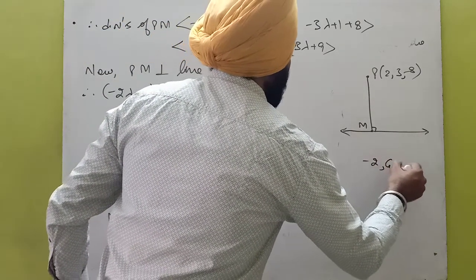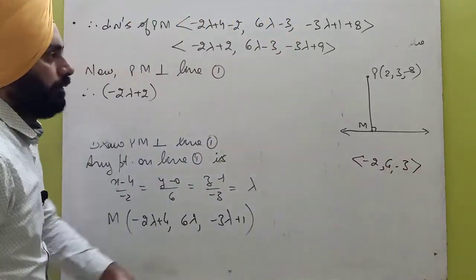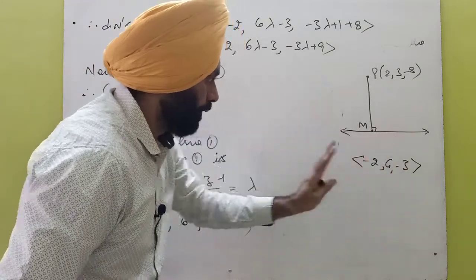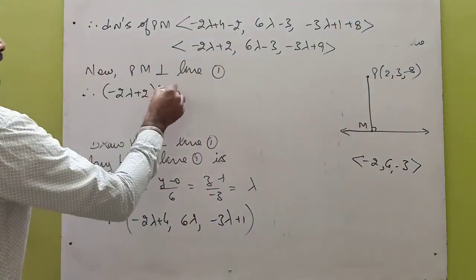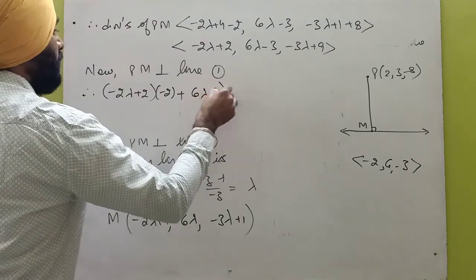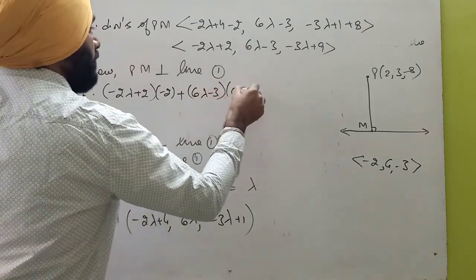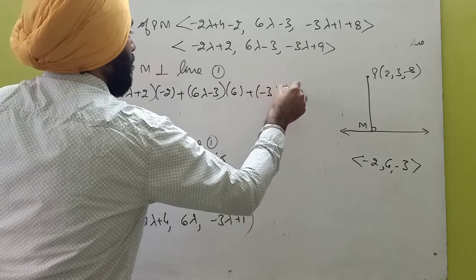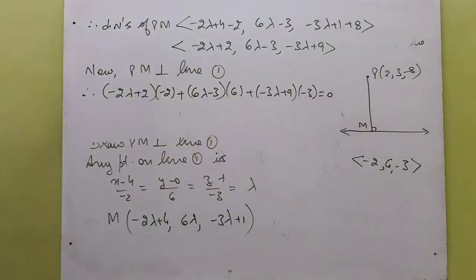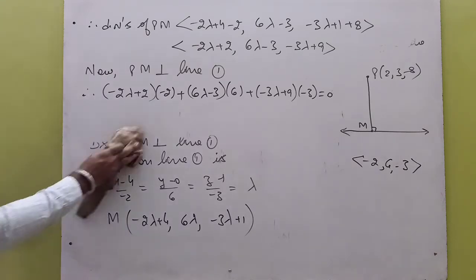So take the products: (minus 2 lambda plus 2) into minus 2, plus (6 lambda minus 3) into 6, plus (minus 3 lambda plus 9) into minus 3 is equal to 0. And from this, find the value of lambda.